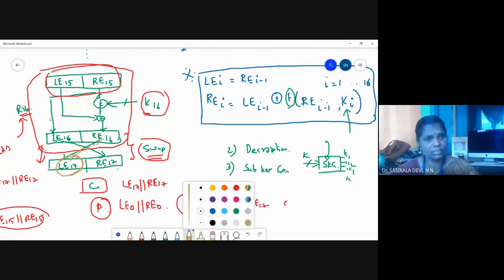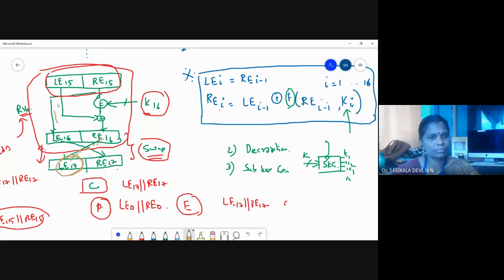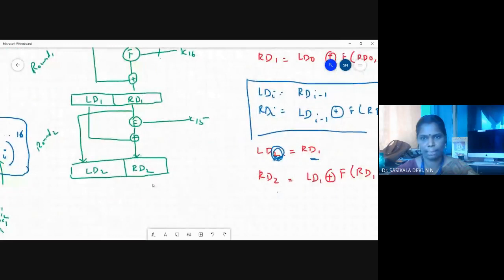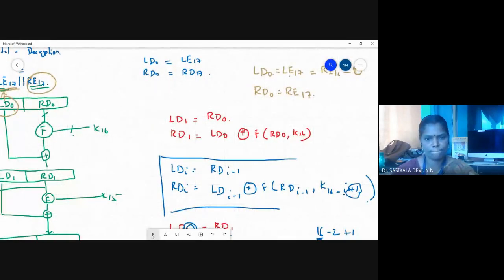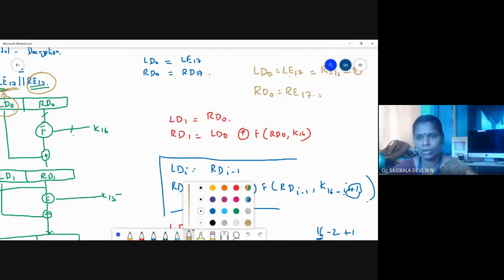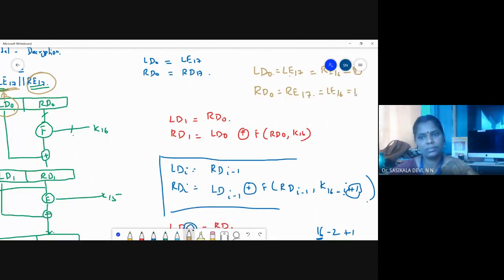direct substitution of RE15. So LE16 is RE15. So substitute it. This is LE16, which is directly equal to RE15.